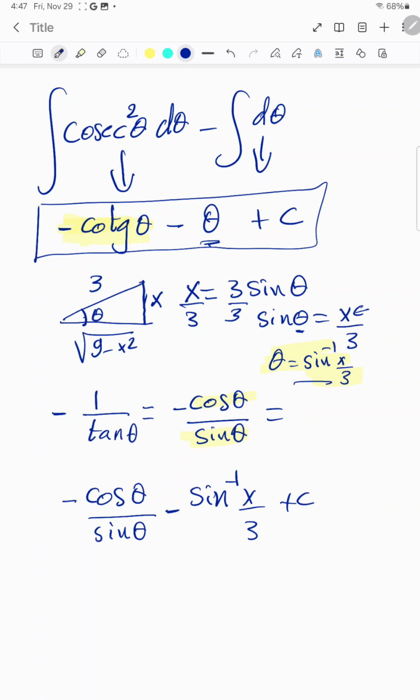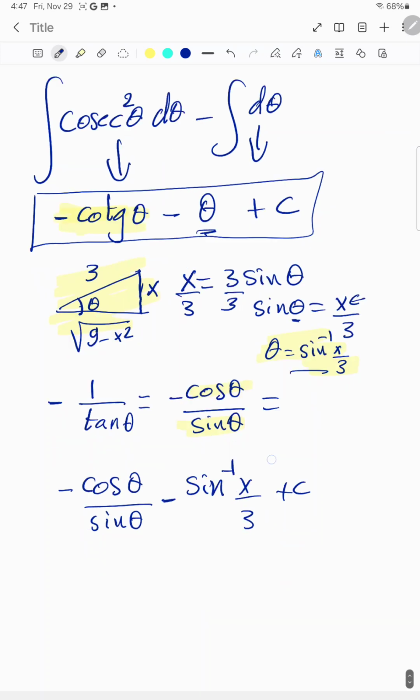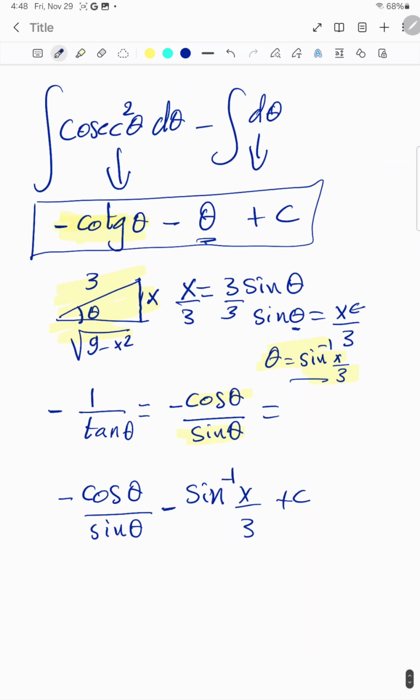plus c. But I know if I look at my trigonometric triangle here, the cosine of theta is equal to the adjacent divided by the hypotenuse. So I can put the adjacent, which is the square root of 9 minus x squared, divided by the hypotenuse, which is equal to 3. And I have a division here.